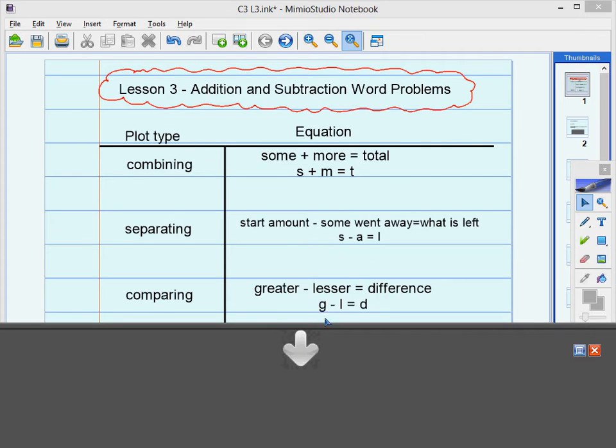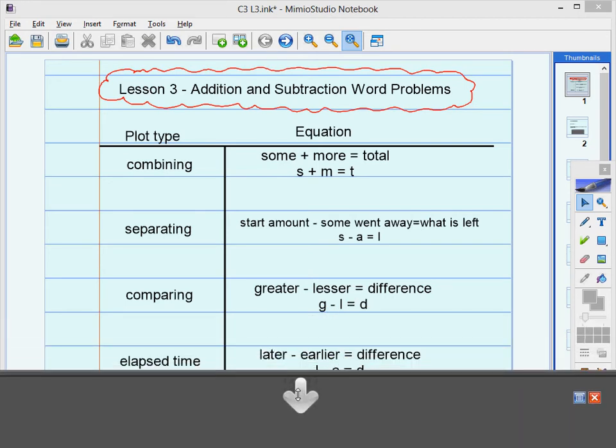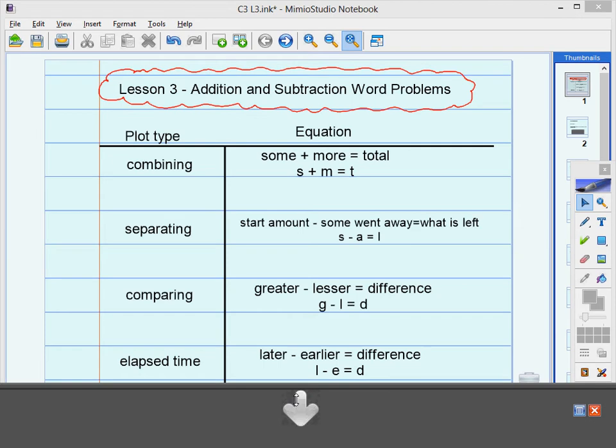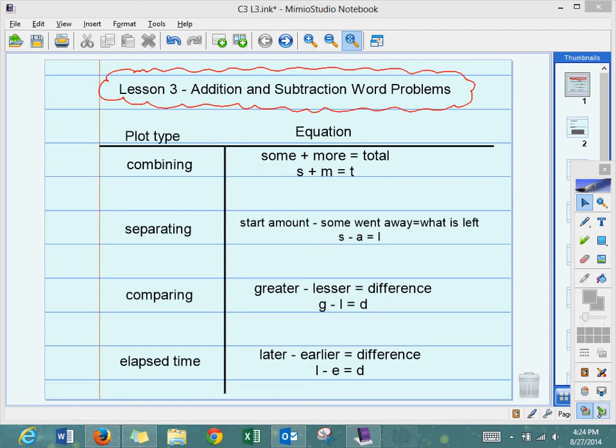And again, they're just using the first letter of those terms, G minus L equals D. The last type that is in this lesson is elapsed time. So we have later minus earlier equals the difference. You take the later or the more recent date and you subtract the earlier date and you get a difference. So L minus E equals D.